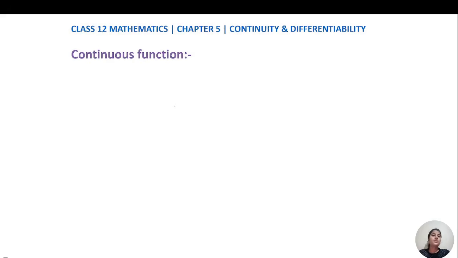Now let's move ahead. Now we will define a continuous function.